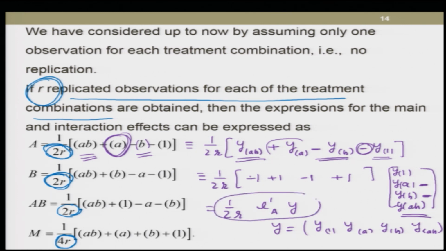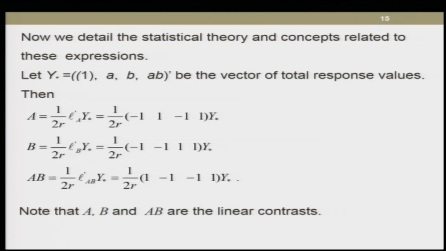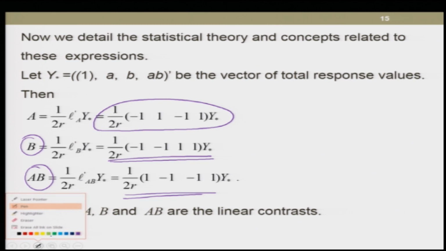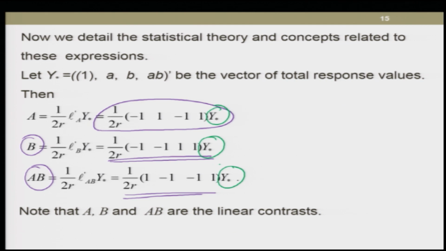Now you can see that this is a linear combination of Y1, YA, YB and YAB. Similarly, I can express the main effect of B and the interaction effect of AB in this format. The Y vector remains the same in all the expressions, and even the 2R remains the same.